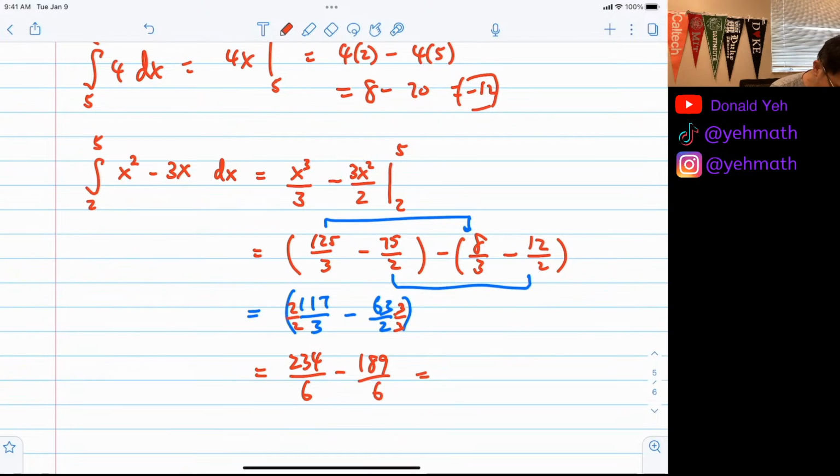And that's going to be 45 over 6. Simplified down, it's going to be 15 over 2, 7.5. That's the arithmetic.